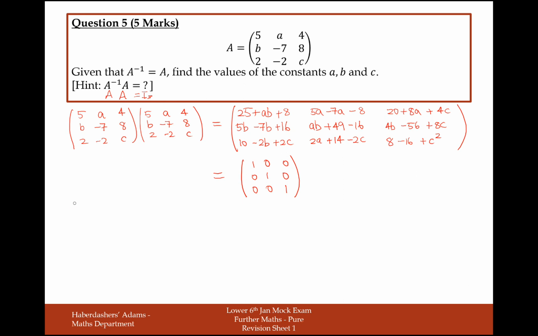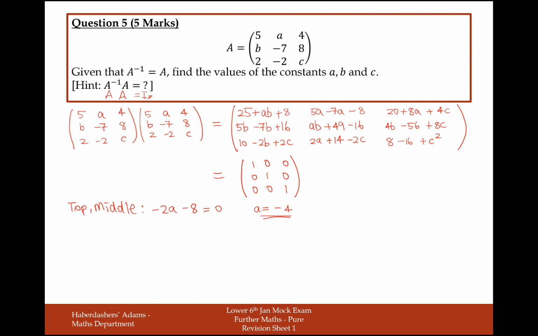So working with the top middle, I'm going to get minus 2a minus 8 from the top middle cell in the first matrix will equal 0, the top middle cell in the identity matrix. And from here I can clearly see that 2a will have to equal minus 8, so a will have to equal minus 4.